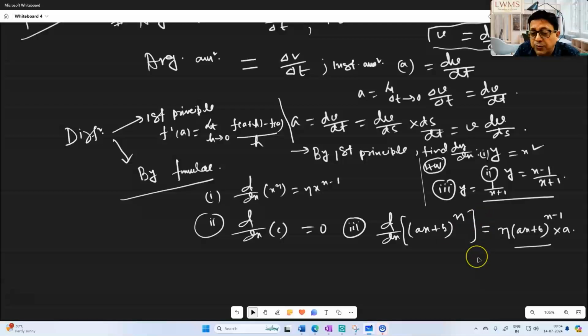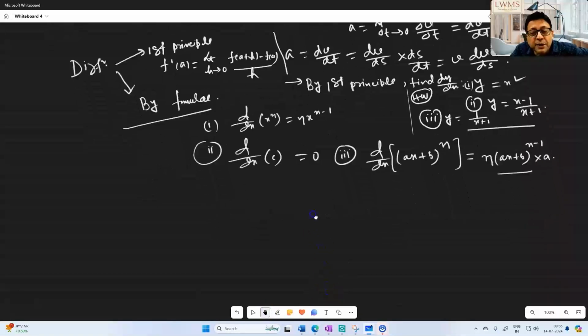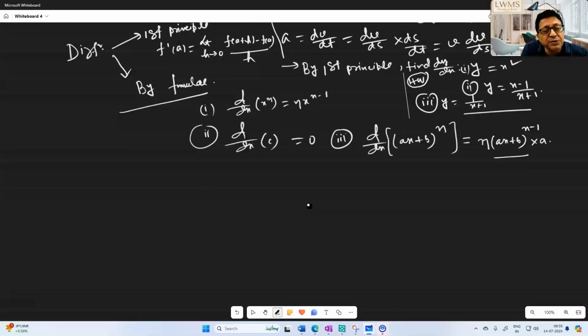This is very useful. Mostly these three formulas are required. Sometimes log x, all these things are required. You will be remembering that. So by formula, we need to differentiate by the use of this formula. Then, after the calculus and using this calculus concept, the derivation of equations also. What are the equations over there? Those are equations of motion.